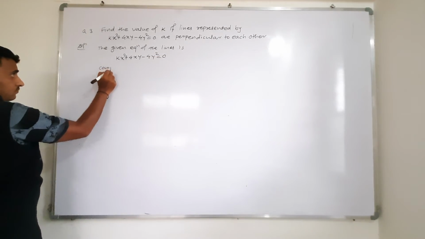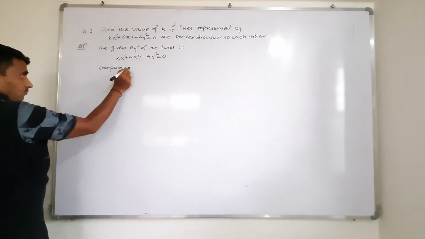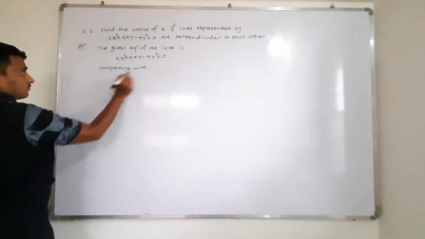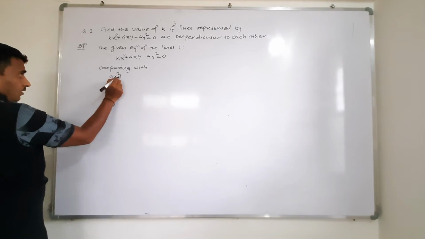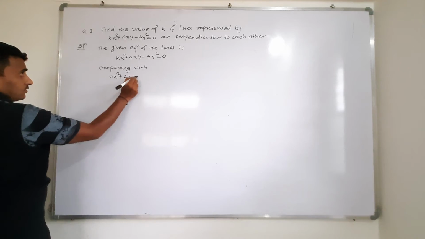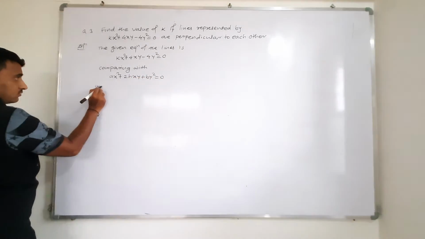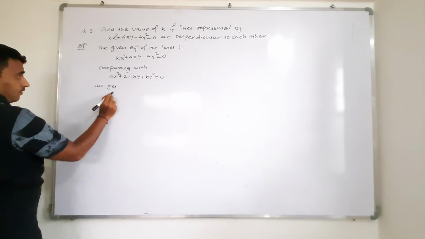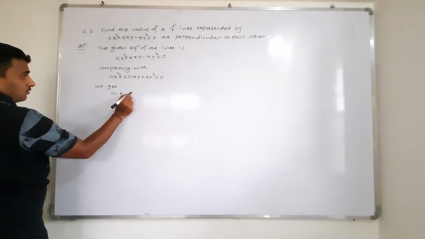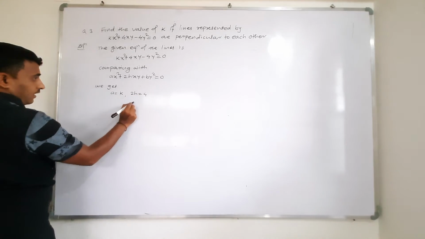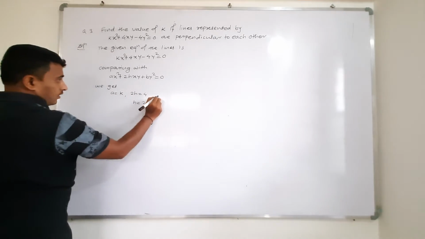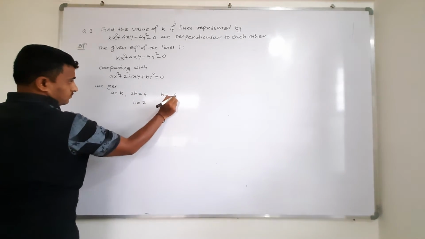Comparing with x square plus 2hxy plus by square is equal to 0, we get a is equal to k, 2h is equal to 4, that is h is equal to 2, and b is equal to minus 4.